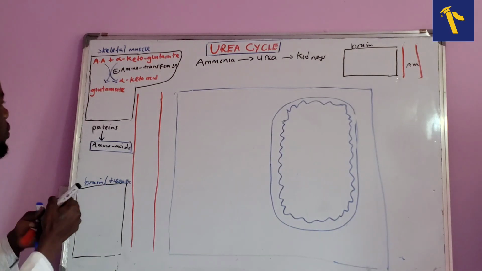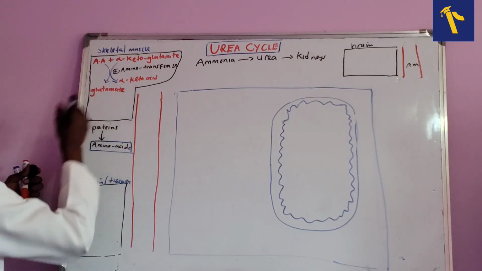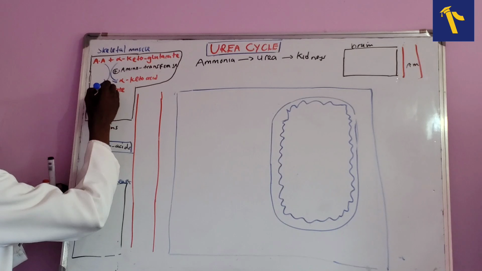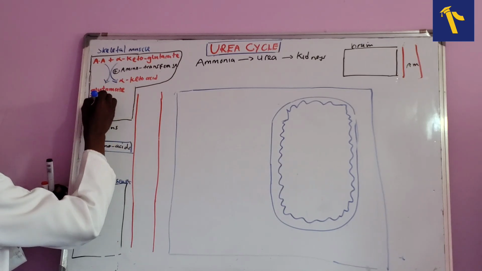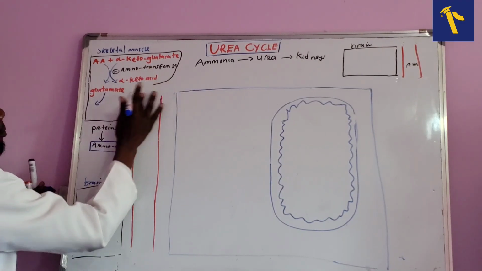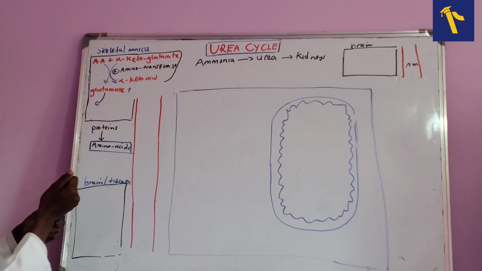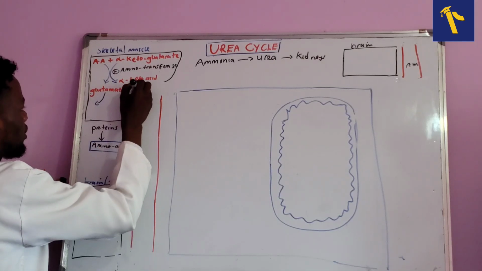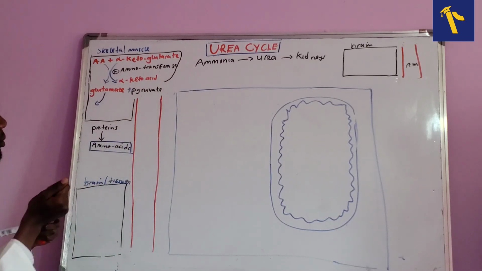So this glutamate is going to combine with pyruvate, to produce something which is important here. Let us use black for pyruvate. So this is happening in the skeletal muscles.